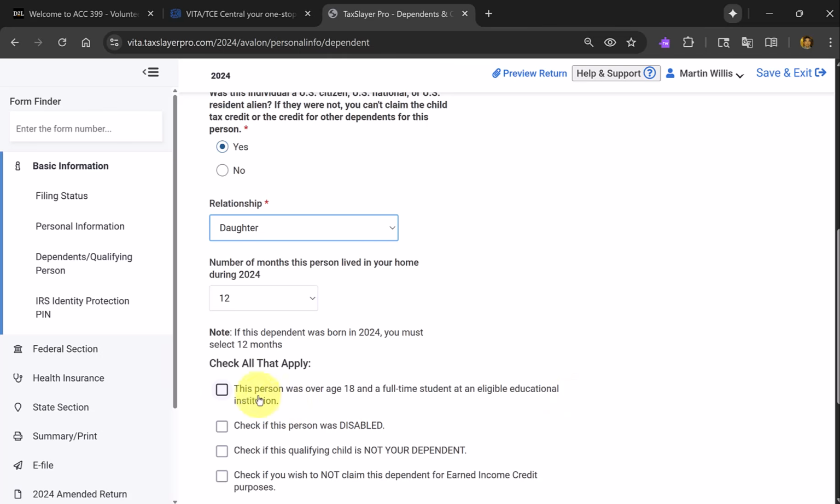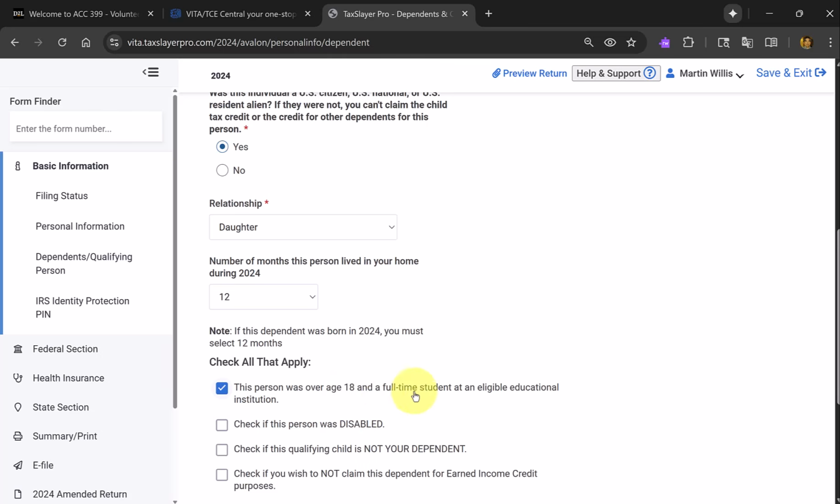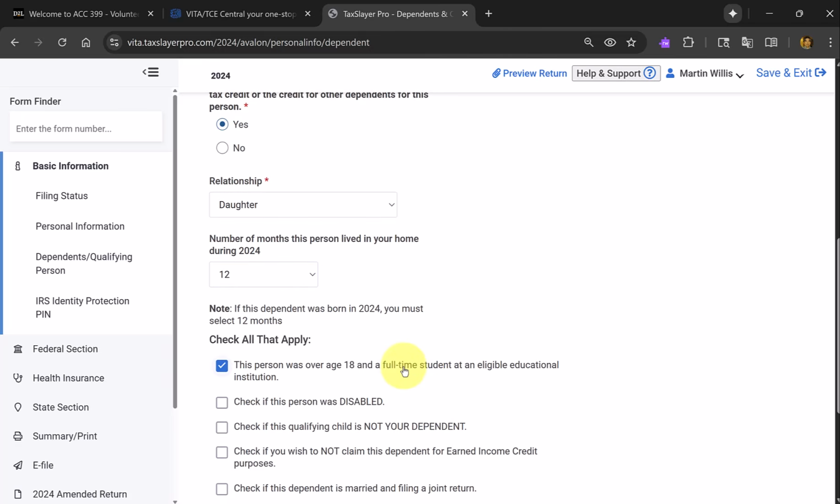Yes. Okay, I would confirm, even though Form 1098-T says at least half-time, whether she's a full-time student, at least for one semester, if you're over 18.